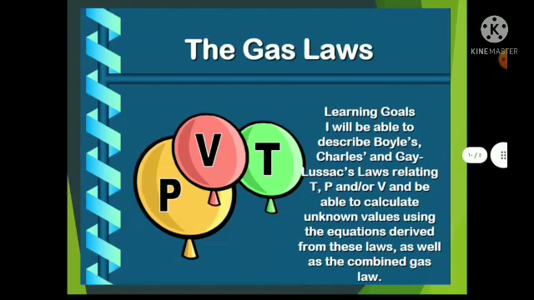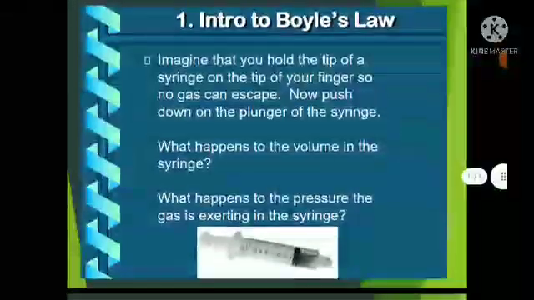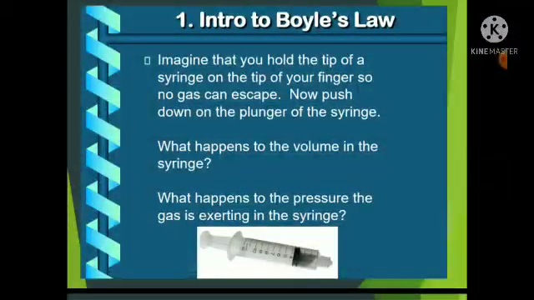The gas laws. Learning objectives: I will be able to describe Boyle's, Charles's, and Gay-Lussac's laws relating T, P, and V, and be able to calculate unknown values using the equations derived from these laws, as well as the combined gas law. Here, 1. Introduction to Boyle's law.